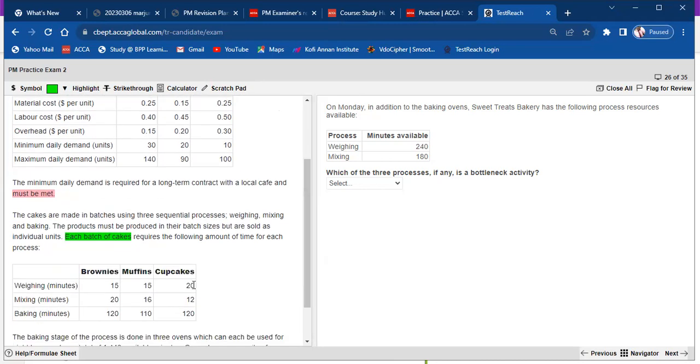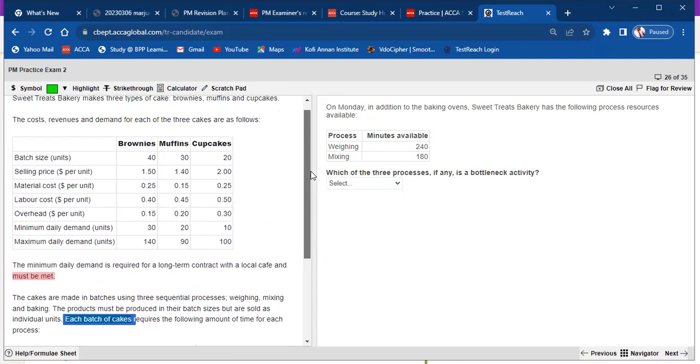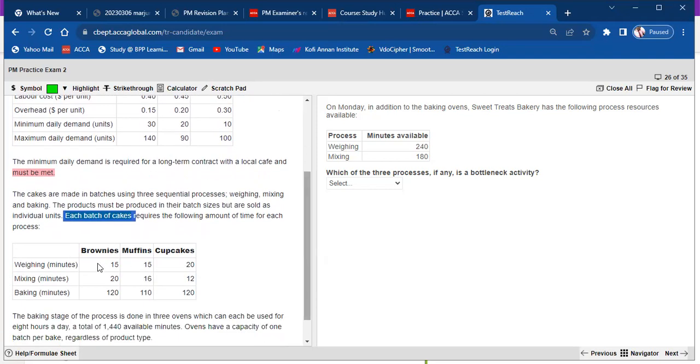Because the time required is quoted per batch, not per unit. So how many batches are there to produce brownies? 3.5. Great. Each batch requires 15 minutes in weighing, 20 minutes in mixing, and 120 minutes in baking.